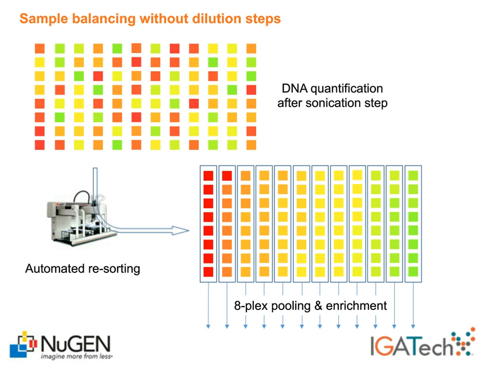So pooling together samples with similar DNA quantities also ensures they will likely perform equally in the fragment library preparation. And of course, as the manual instructs, after the enrichment PCR, the pools are quantified by qPCR and diluted accordingly for flow cell loading.